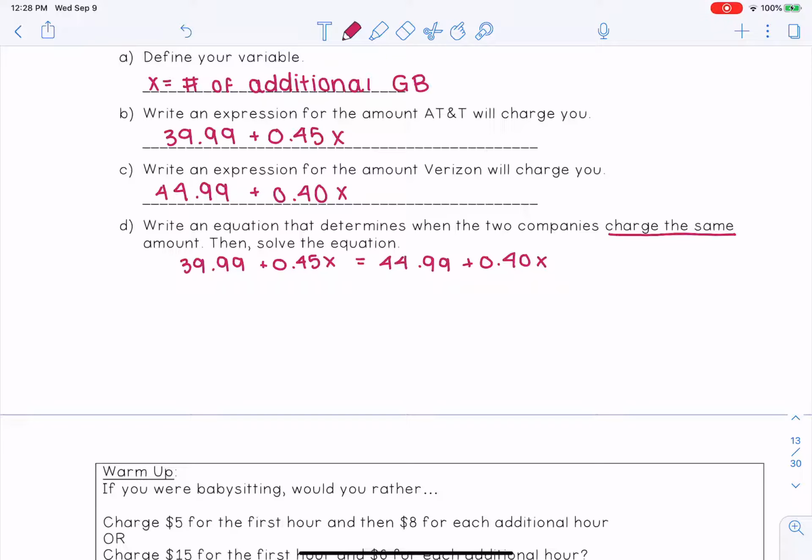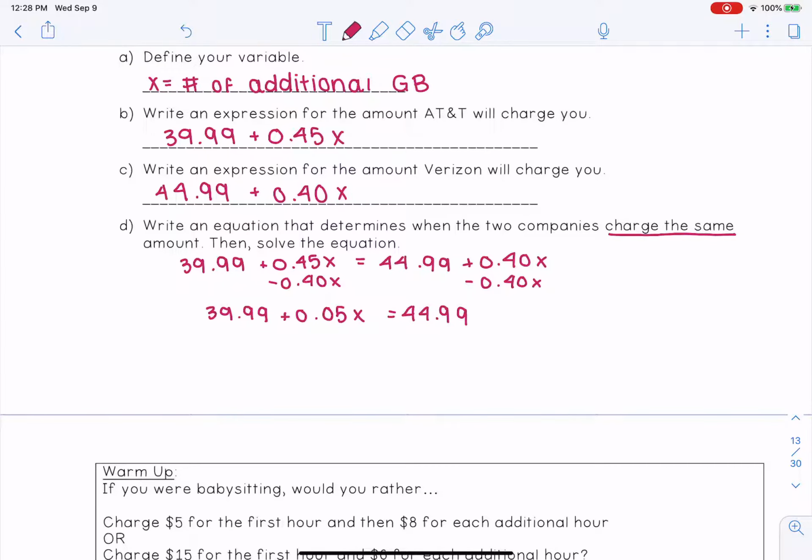We don't have to distribute, so let's just move the x's over to the other side. $39.99 plus 0.05x equals $44.99.